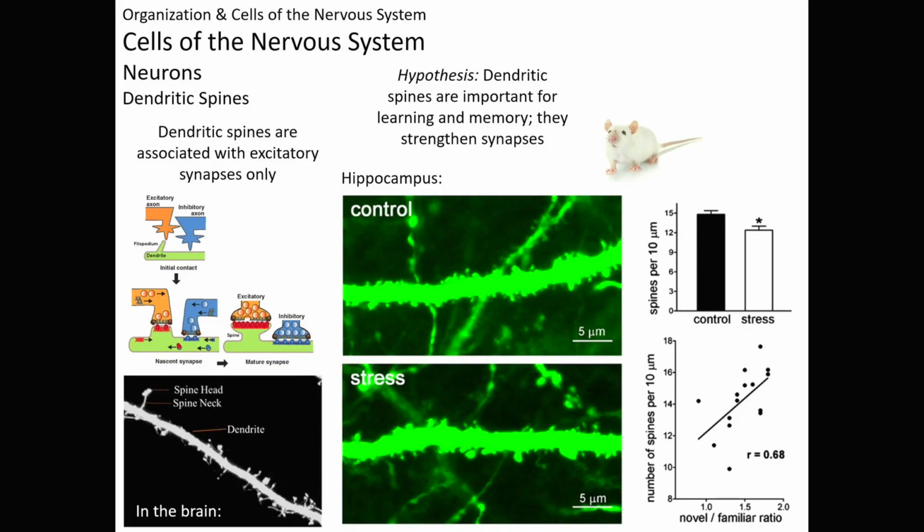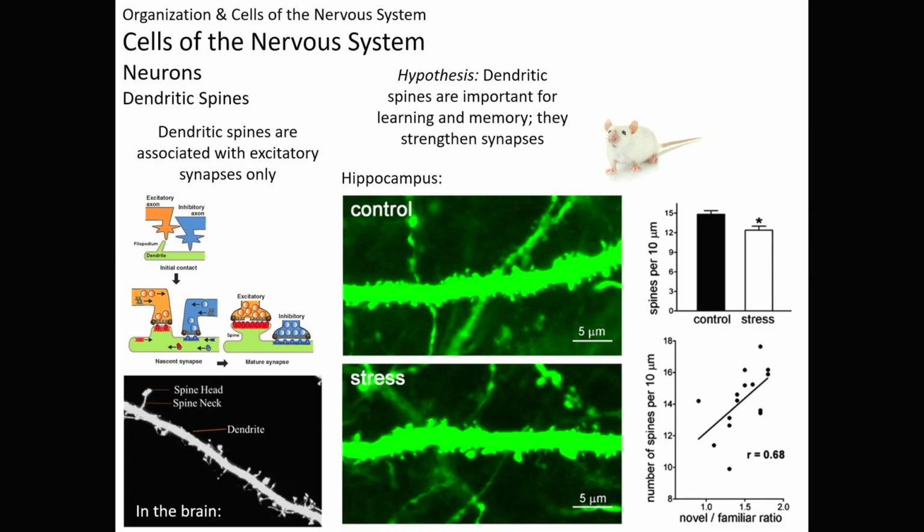Now, in the same study they used the same memory test in mice that we saw on Tuesday, where we show you two familiar objects, and then later we show you one familiar and one new object, and we ask how much time you spend with the new object compared to the familiar one. That's a common test of memory in mice. So the novel to familiar ratio here, the higher that value is, the better a mouse's memory is.